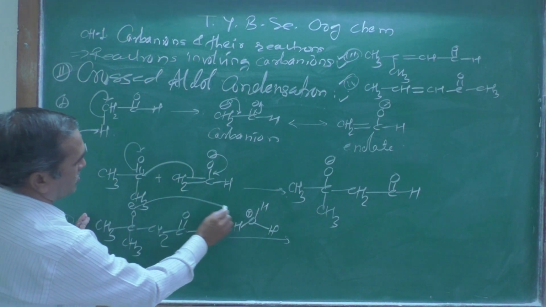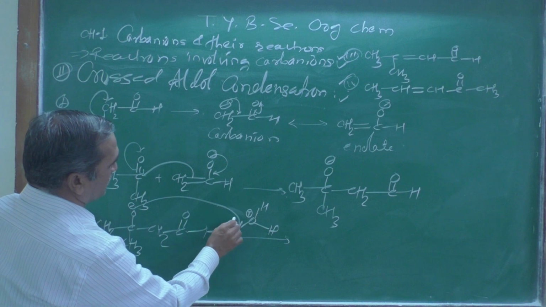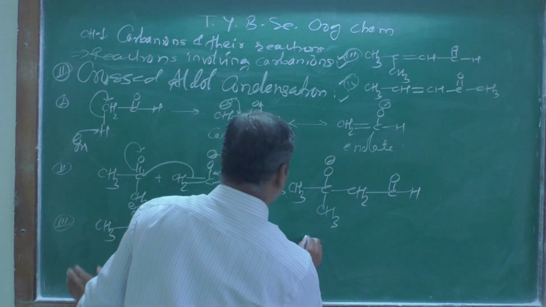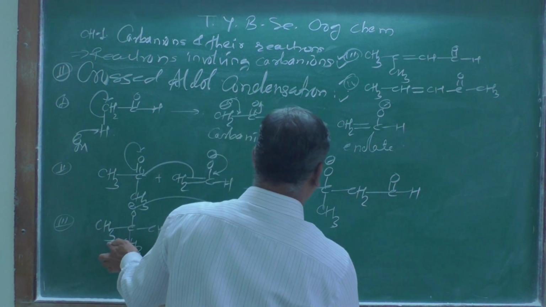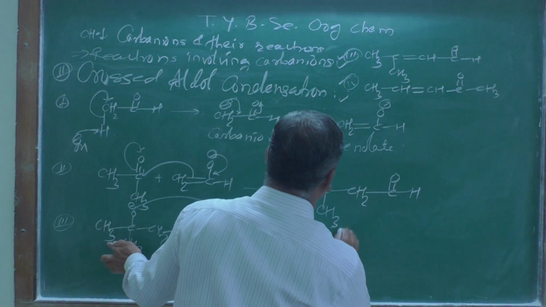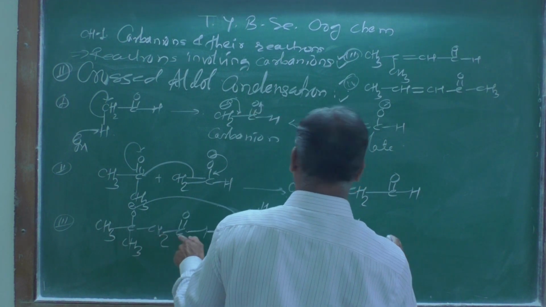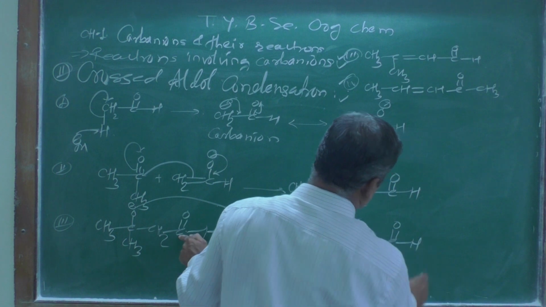This negative charge is going to pick up the proton from here, neutralizing that positive charge, and the resulting compound obtained will be CH, then here CH3, here is OH, now here is CH2, then C double bond O and H over here, right?